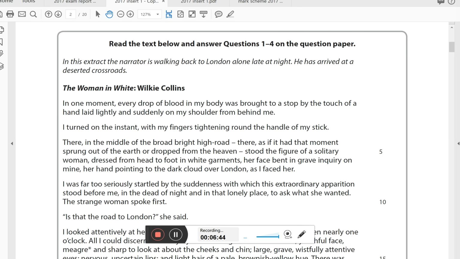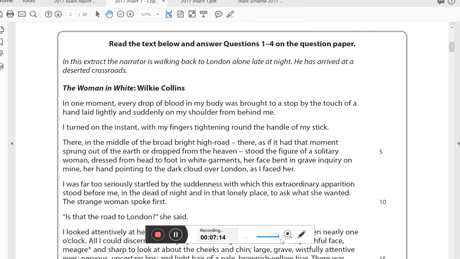Okay, so let's have a look at the text. Like I said, I try and get my students to find 3 or 4 bits of the text which relate to the question. So in this case, where there is an atmosphere of mystery. It's often quite a good idea to get something from the beginning, something from the middle, something from the end, but that's not always possible. So I'm going to scroll slowly through the text, and you pause it where you need to make sure that you've read it all.